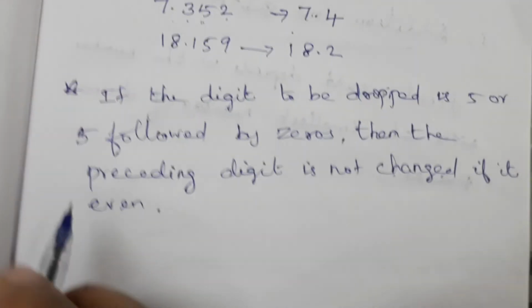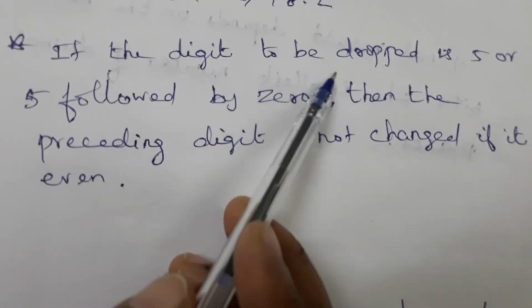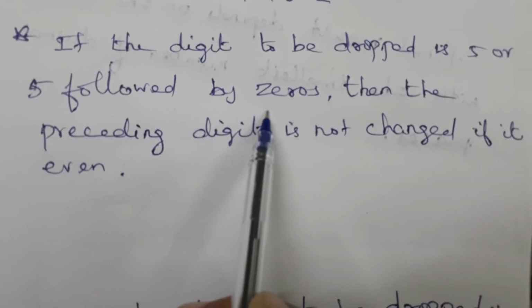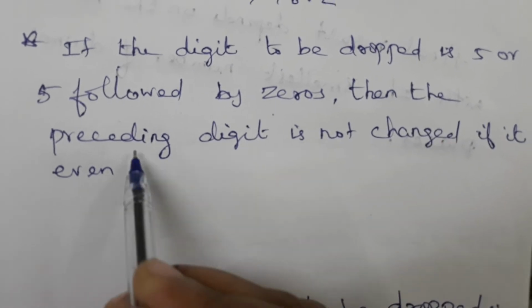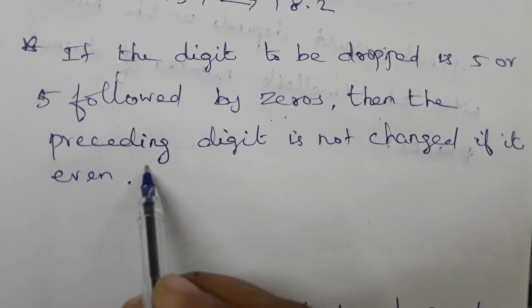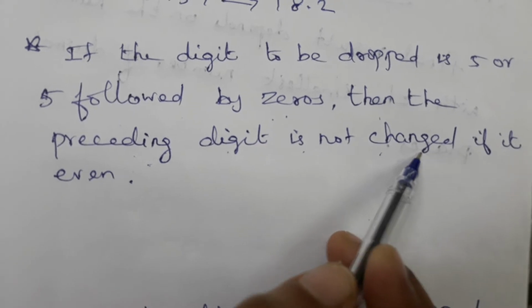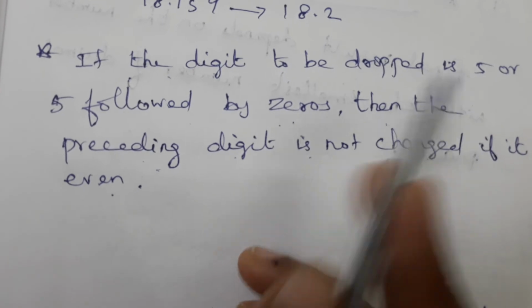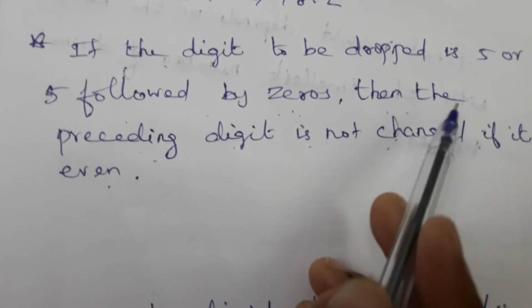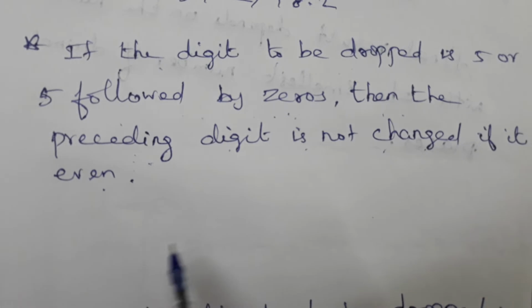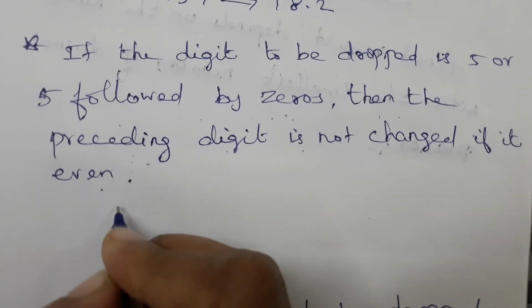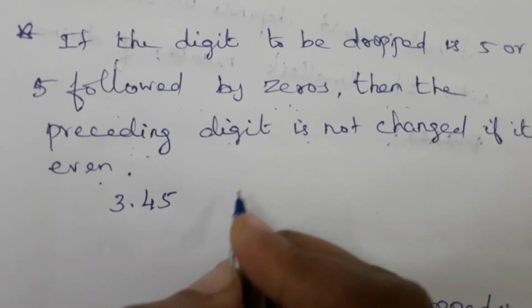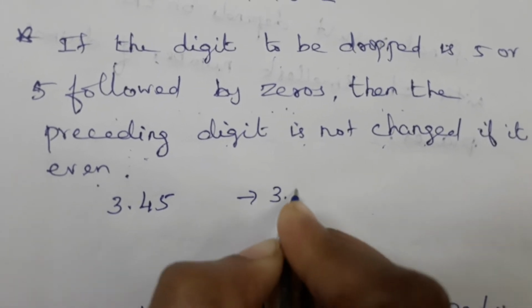The next rule is, if the digit to be dropped is 5 or 5 followed by zeros, then the preceding digit is not changed if it is even. For example, 3.45 is rounded off to 3.4.